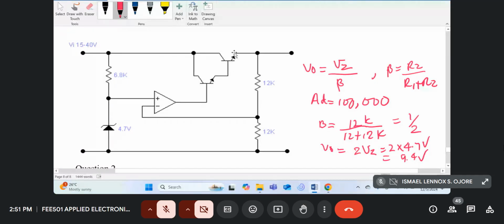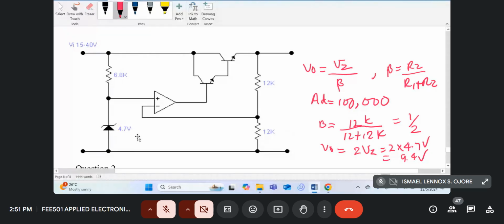The other one is, remember, VBE is a function of temperature. As the temperature increases, the VBE decreases. So if you don't take care of the heat sinking of your transistors, the temperature will vary a bit.